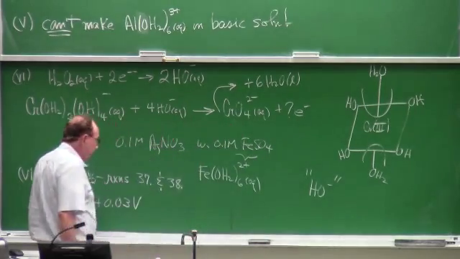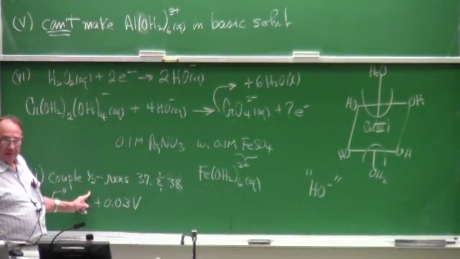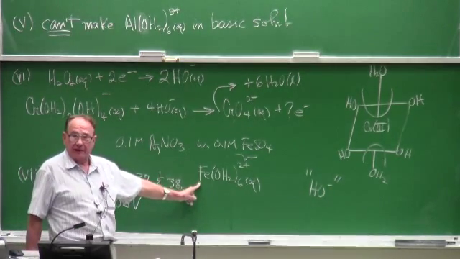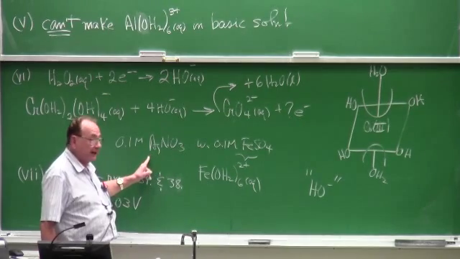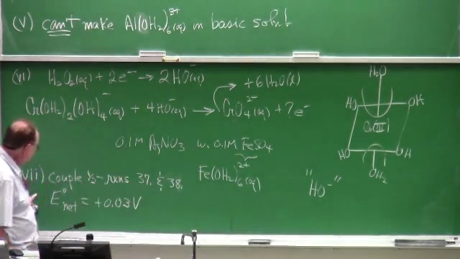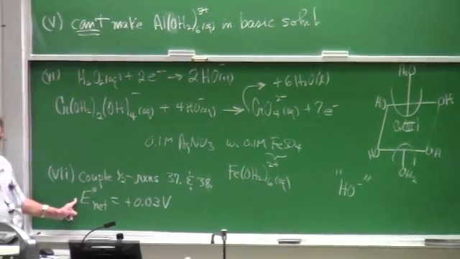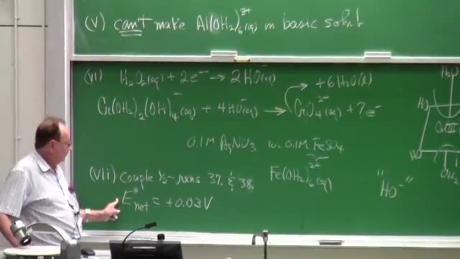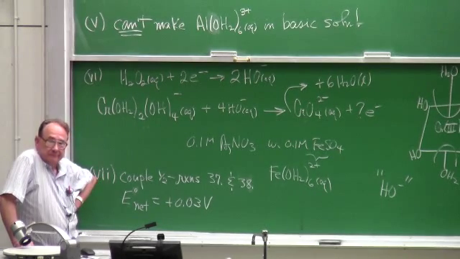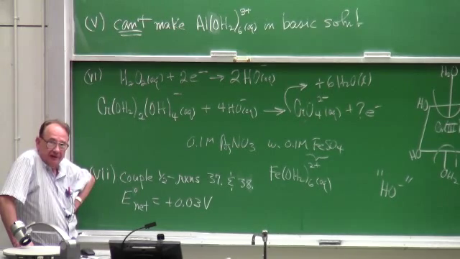So all that's going on here is hydrated iron 2 is being oxidized to hydrated iron 3, while silver ion, aq, is being reduced to silver metal. That's it. Look at half reactions 37 and 38 in the half reaction table. Does 37 not show you what I just said?